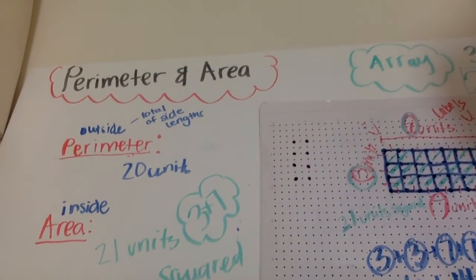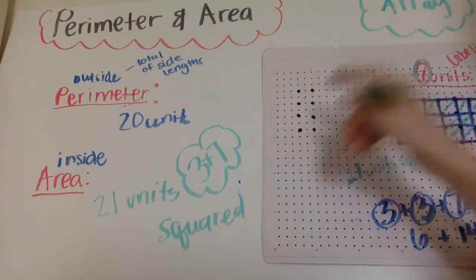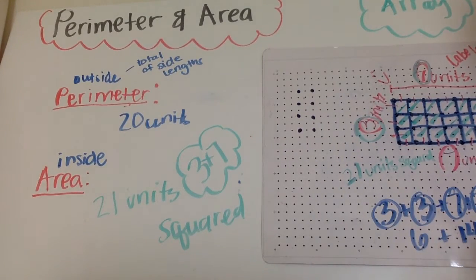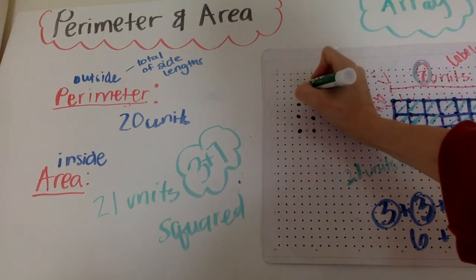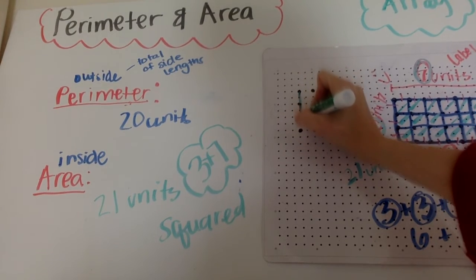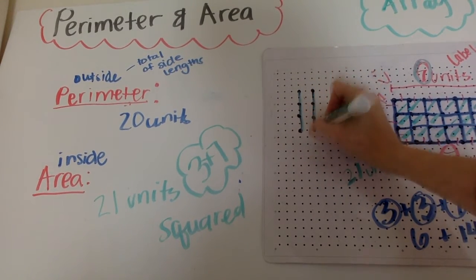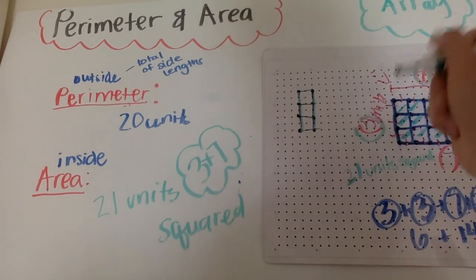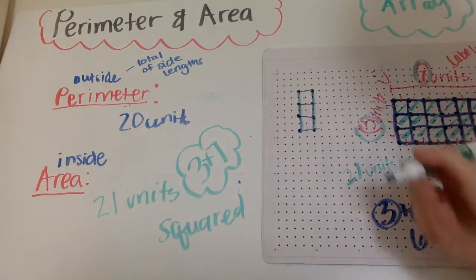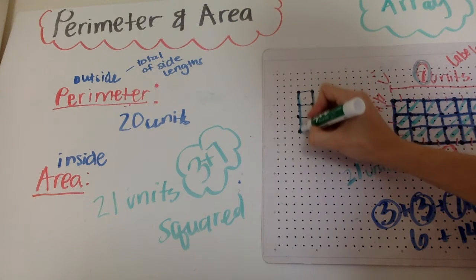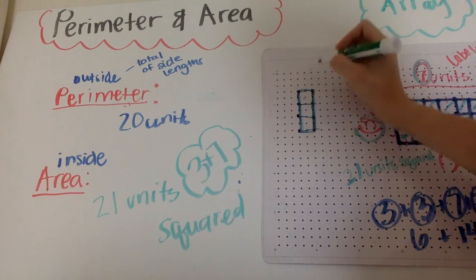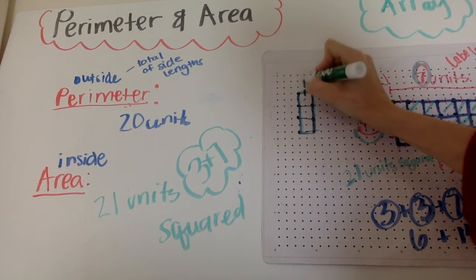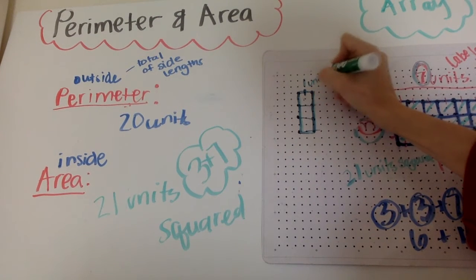Let's see if your observation works for the second problem. We're going to finish drawing this shape. Remember, we're going top to bottom first, then left to right. Now, first, let's find the outline measurements. Let's find the lengths of each side. Right here, we just have 1 unit.